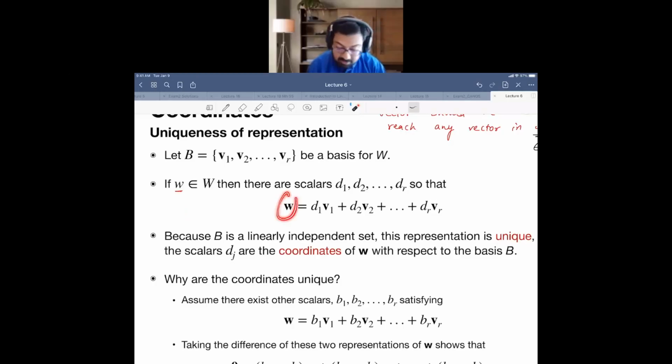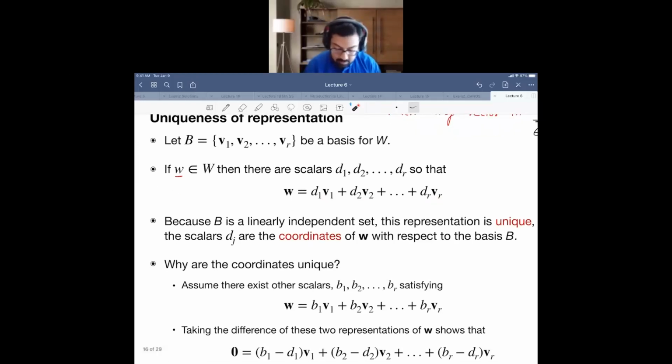Can I reach that? Yes, I can. If I did a linear combination using these scalars d1, d2, d3, and so on to dr with those basis vectors v1, v2, and so on up to vr, I will be able to get to that. That's because of this statement there, basis for W. And because it's a basis, I also know that v1, v2, and so on up to vr have to be a linearly independent set of vectors.